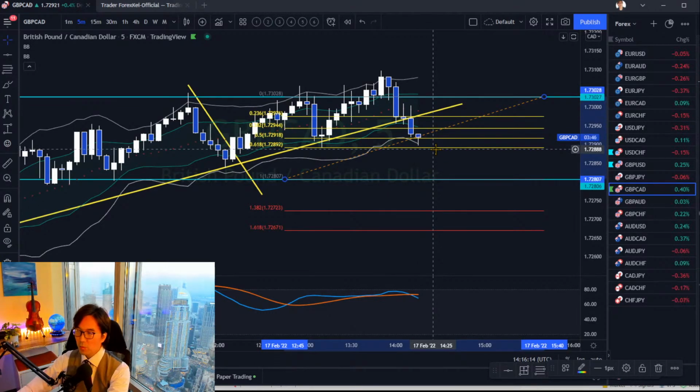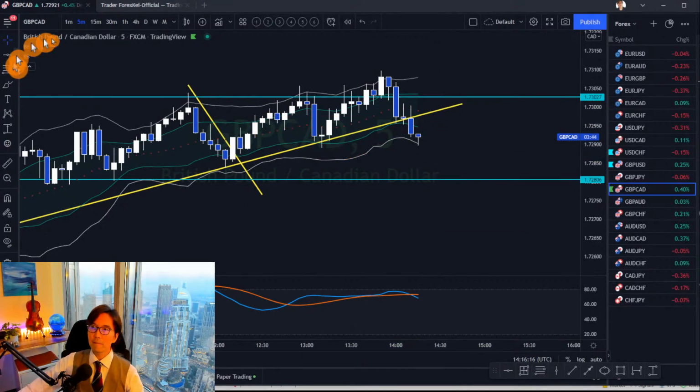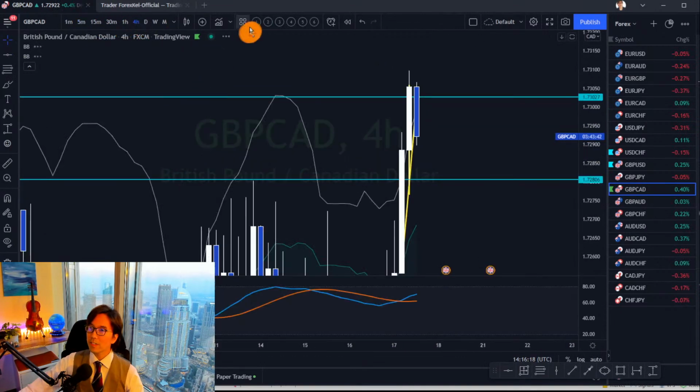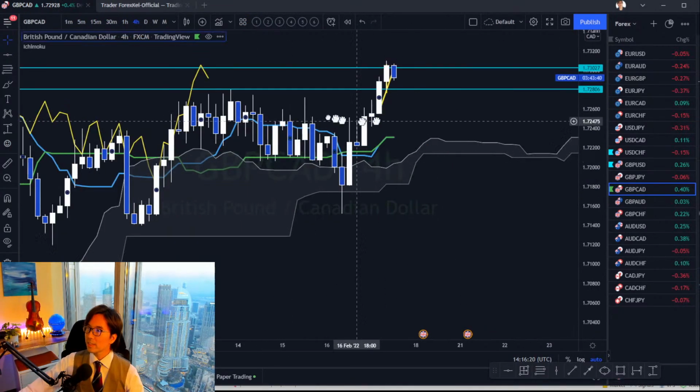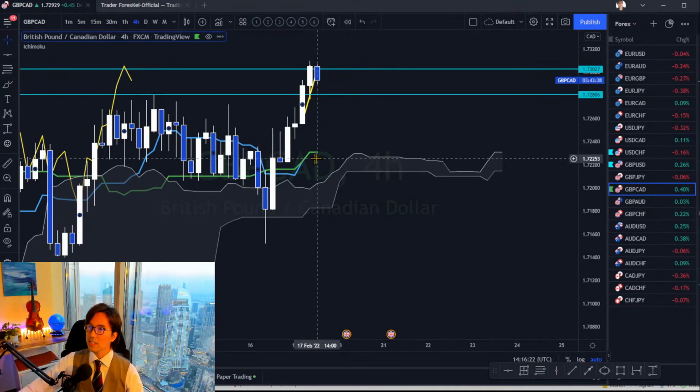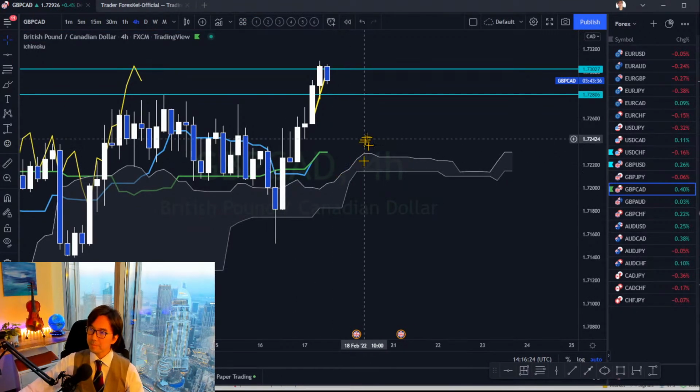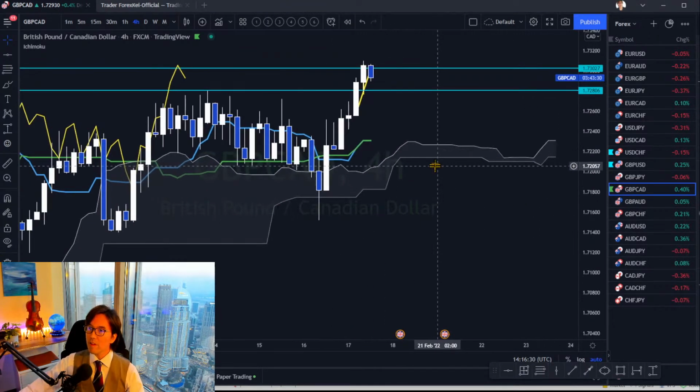Because simply the 4-hour chart is now flat. On the 4-hour chart, the Kumo is flat, and the Kijun-sen and Tenkan-sen are flat. So it may reverse back to the Kijun-sen. Well, in this case, it may reverse back to the previous resistance, 1.7280.